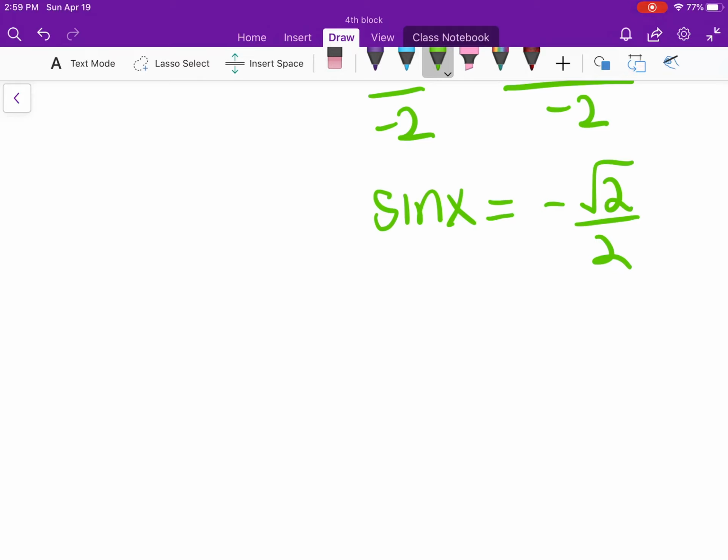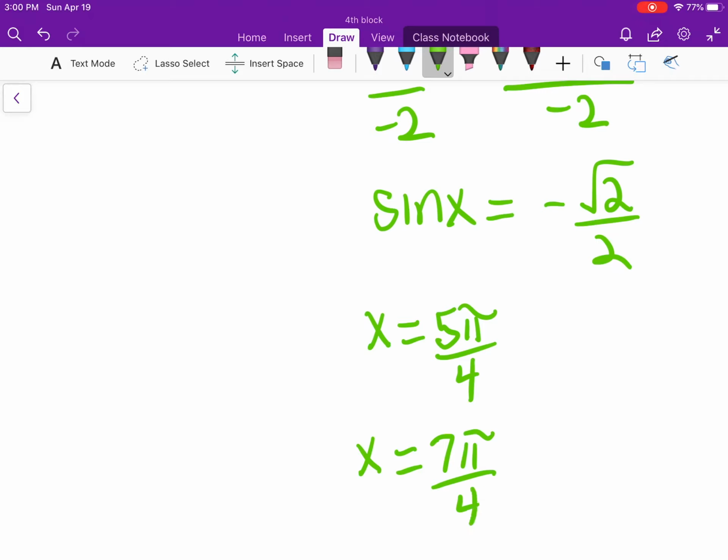So think about where sine is negative. If you remember the little All Students Take Calculus, sine would be negative in quadrants 3 and 4. So the pi over 4 angle in quadrant 3 is going to be 5 pi over 4, and in quadrant 4, that's going to be 7 pi over 4.